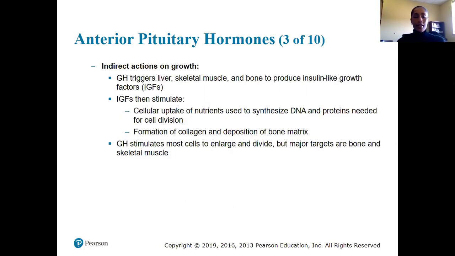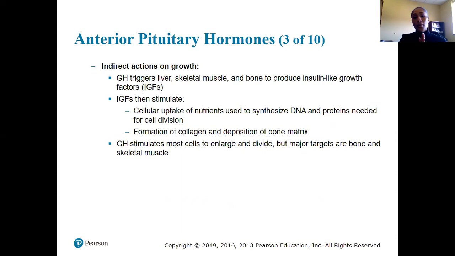And it can increase blood levels of fatty acids so that we can use it for fuel and encourage cell protein synthesis. Some of the indirect actions of the growth hormone are that it will trigger the liver, skeletal muscles, and bone to produce insulin-like growth factors. And these insulin-like growth factors can then stimulate cell uptake of nutrients so that we can synthesize DNA and proteins needed for cell division, and also the formation of collagen and the deposition of calcium and phosphorus into bone matrix.